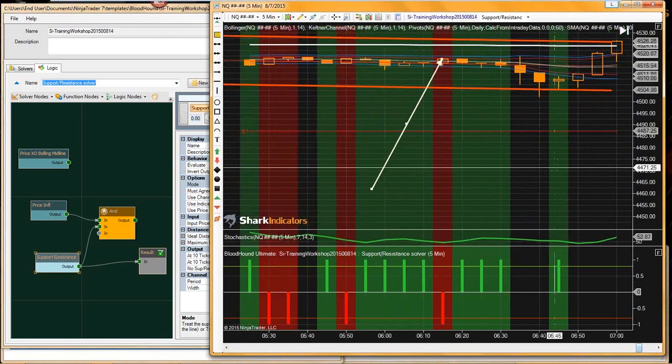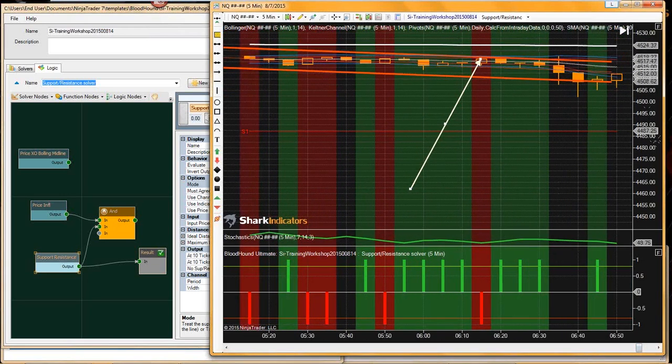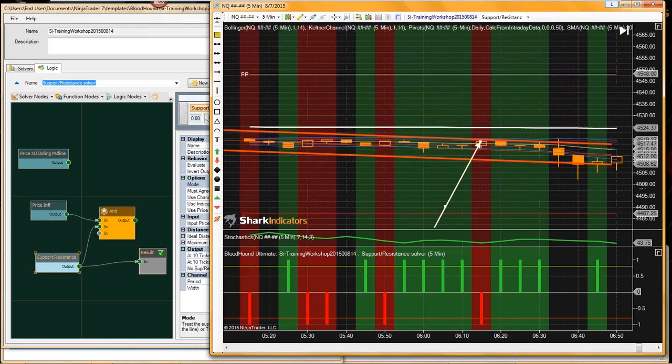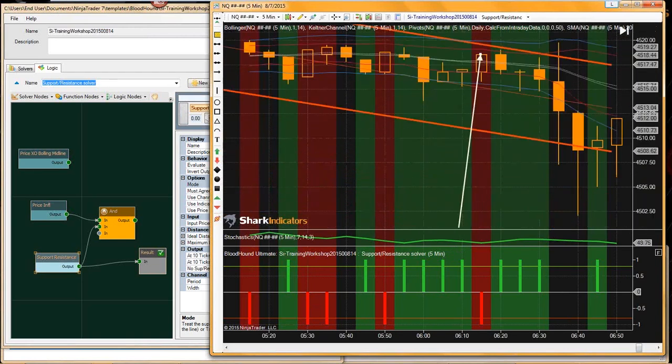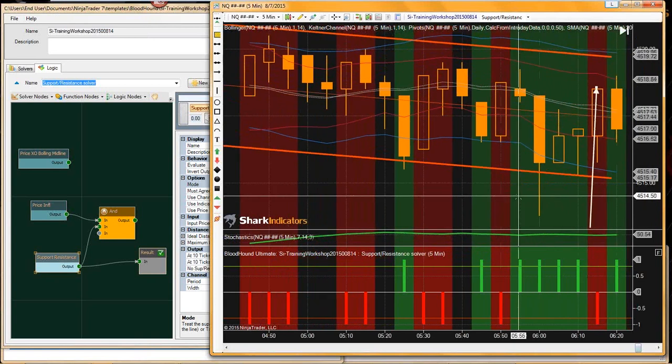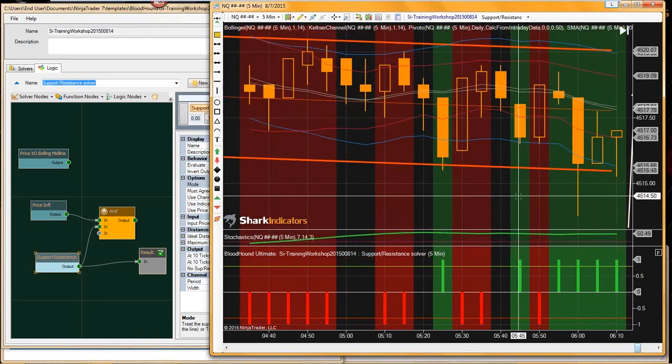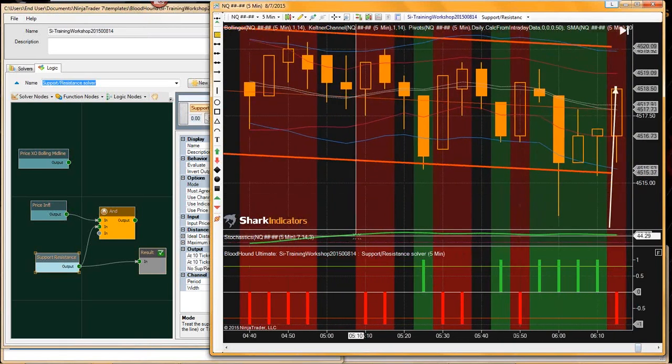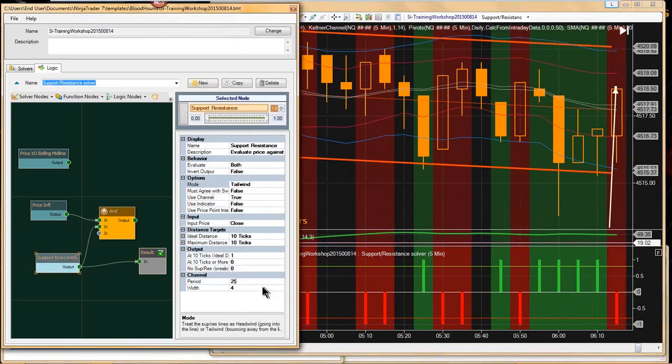So let's scroll back. And let me just check the settings here.